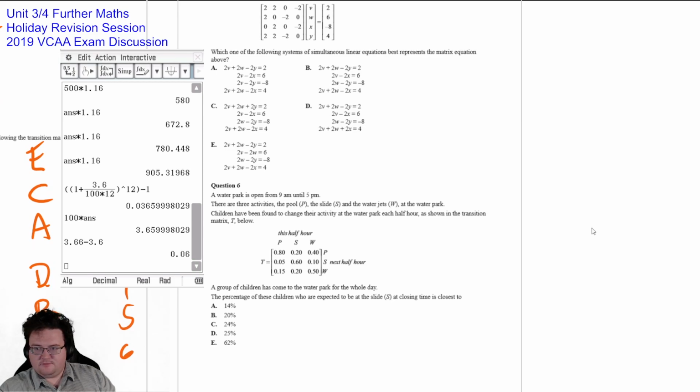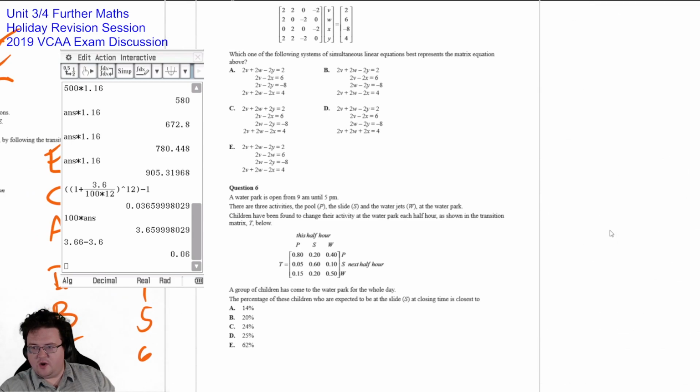Question 5. Which of the following systems of simultaneous linear equations best represents the matrix equation above? Oh boy.